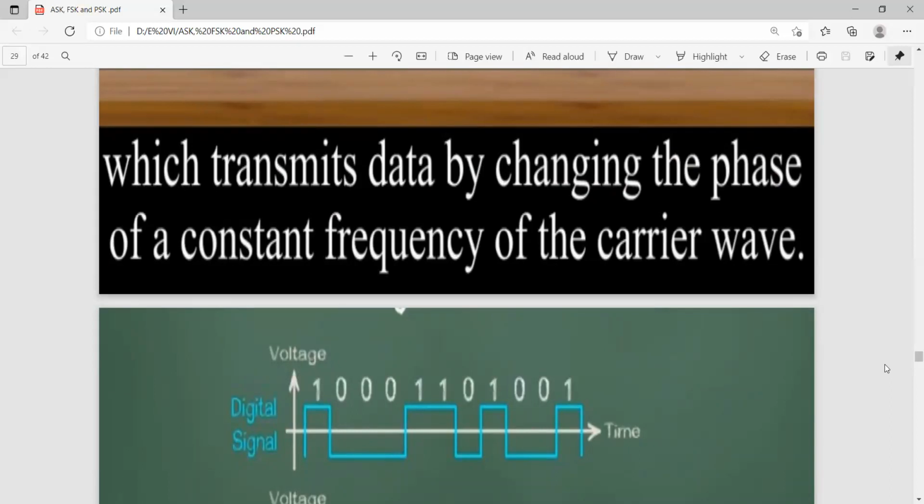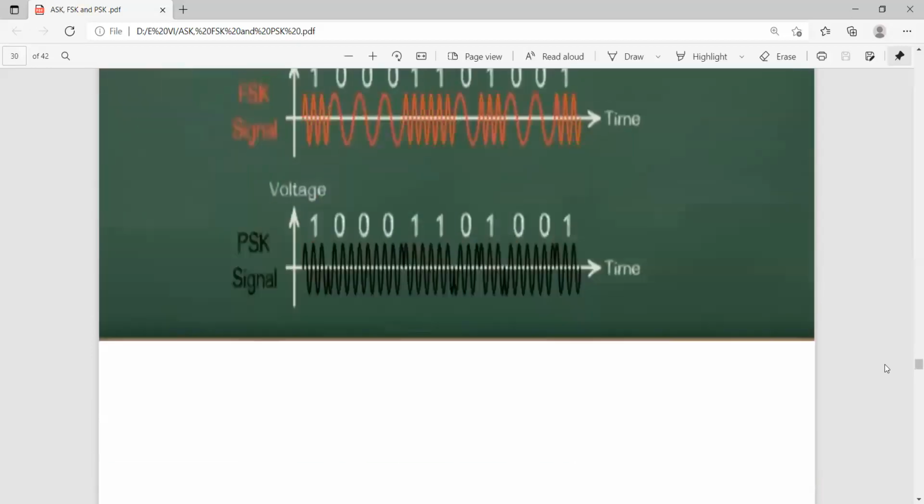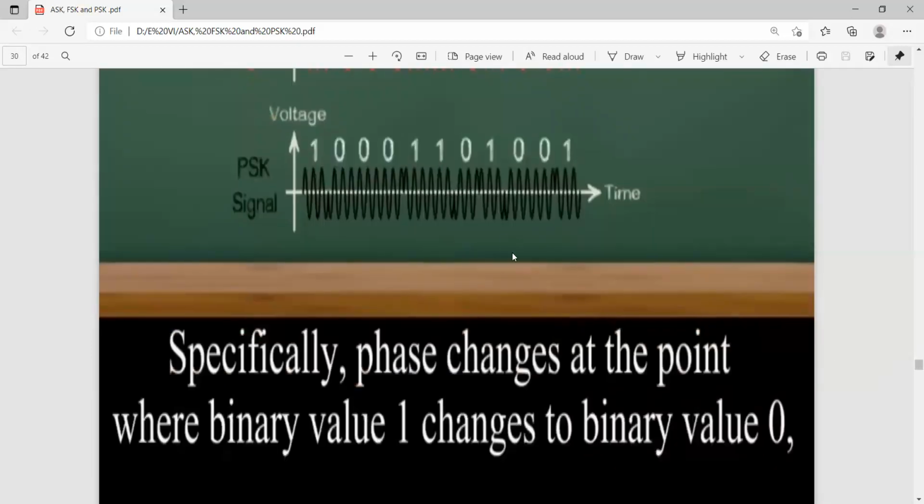So that is the PSK, phase shift keying. It transmits data by changing the phase of a constant frequency of the carrier wave. So this is the phase shifting.